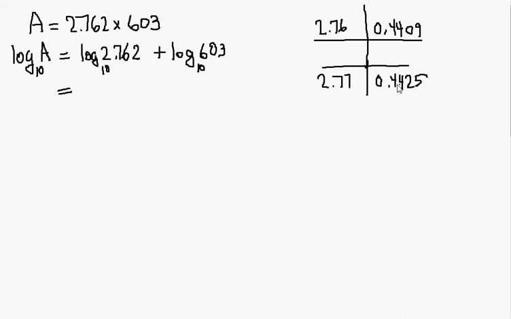So the logarithm of 2.762 is clearly in between these two someplace. It's clearly 0.44 something between them. The way that I would find out what it would be is by linear interpolation.